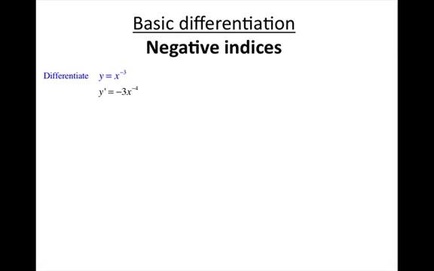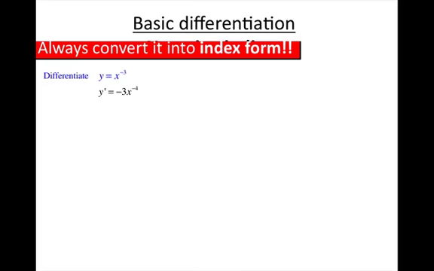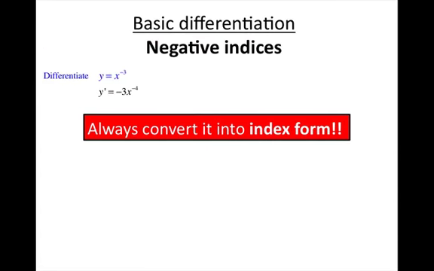The key to both negative and fractional indices every time is to always convert into index form. So the one we just did there, x to the negative 3, is in index form, and that's why it was so easy. However, you'll often get ones that aren't in index form. You'll get it as a fraction, such as there.